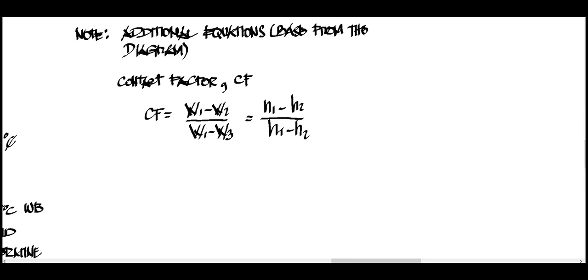Another equation that we can use for computing the contact factor is by using the change in humidity from 1 to 2, with your initial humidity and your 4 to 3. Also the same, we have your enthalpy.